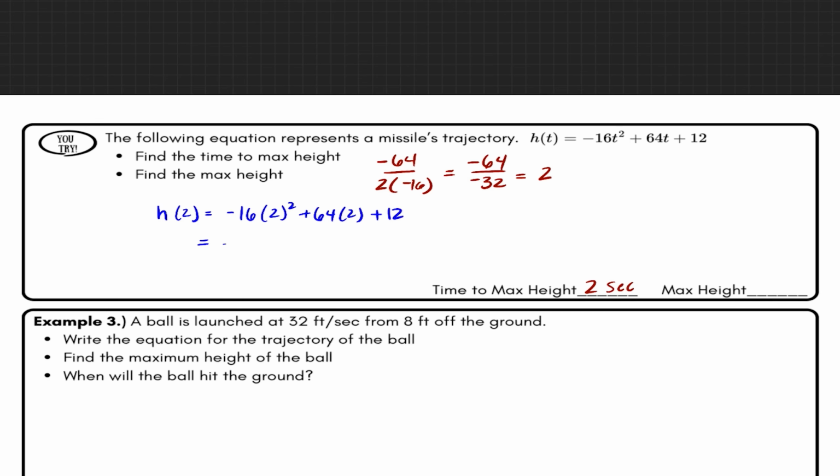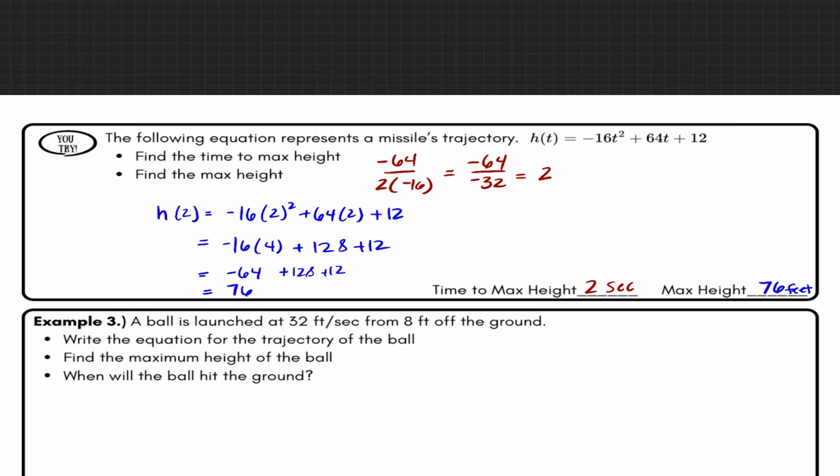So that's negative 16 times 4, which is negative 64, plus 64 times 2 is 128, plus 12. That equals 76. So if you got your maximum height is 76 feet, you did it absolutely perfect.